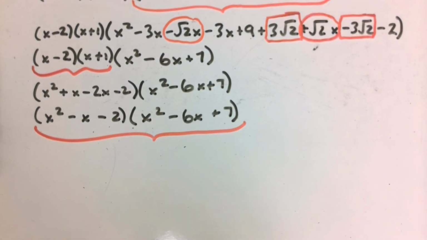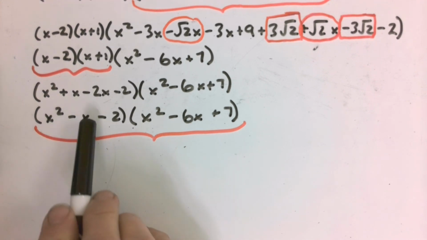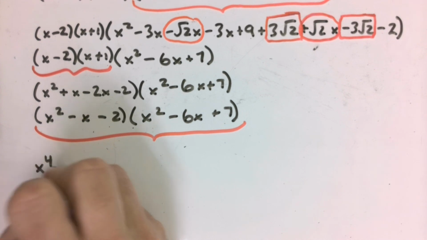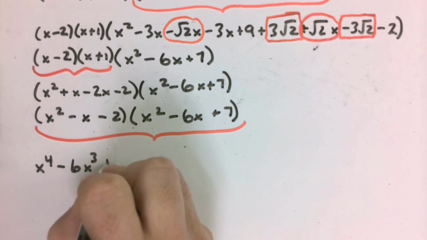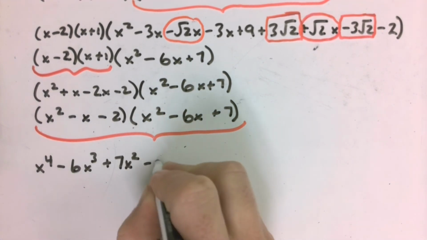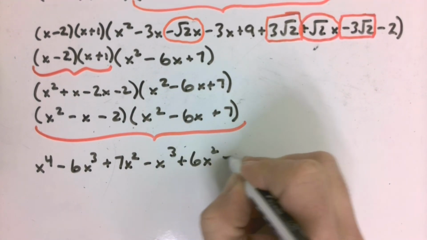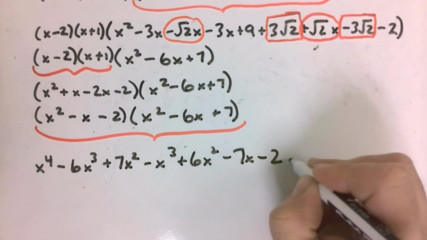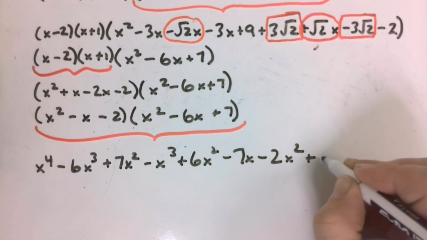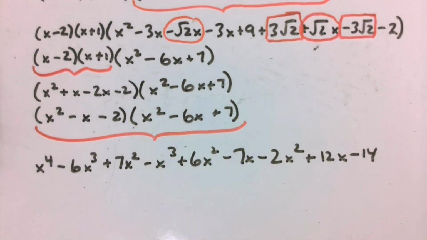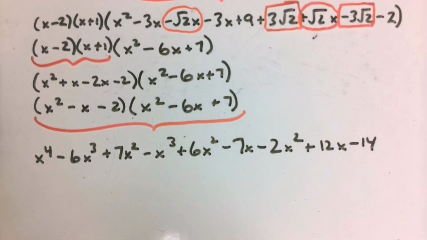So again, using the distributive property with these 3 terms, multiplying each one of those into the other 3. And then from there, we do have some like terms here that we can combine together.